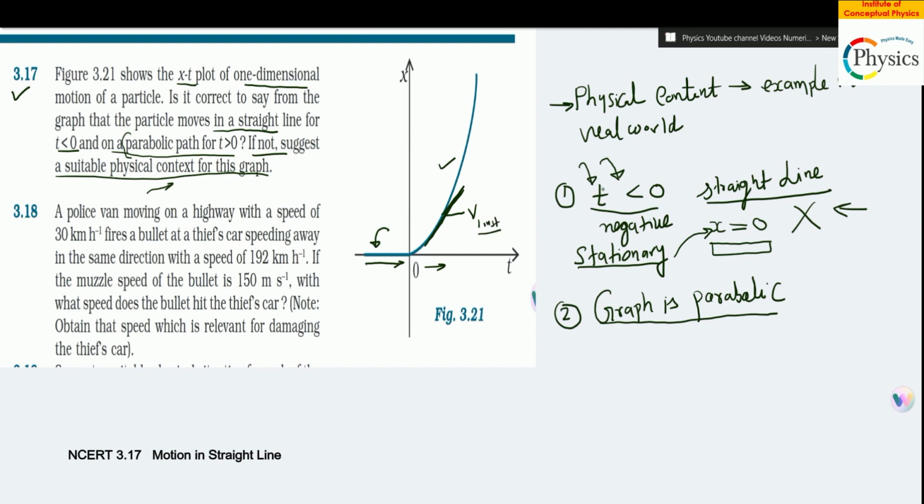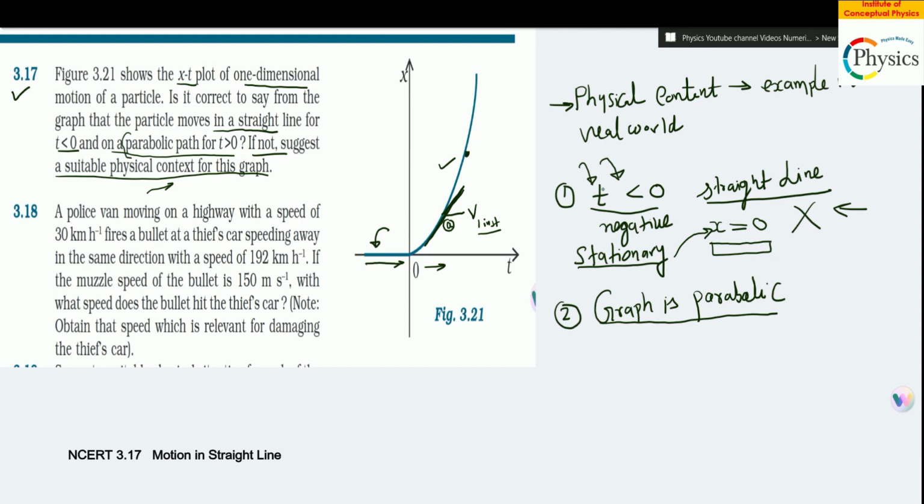This is point number A. I'm doing this deliberately to help you understand how you decipher this graph, how you break this graph to understand what is happening in the real world. Don't get into the trap of seeing a parabolic path and parabolic graph as the same entities. They are not. A parabolic path is different, a parabolic graph is different.